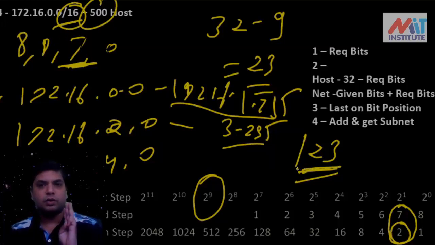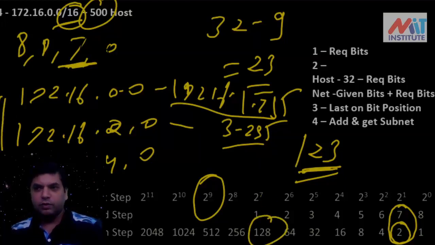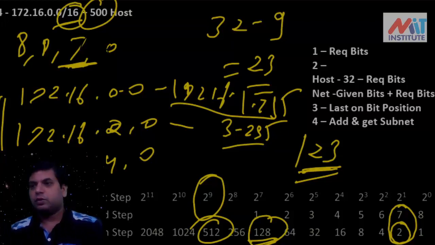We have changed 7 bits from 0 to on. So with 7 bits, if we continue to create networks, we will get 128 subnets like this, and every subnet will have 512 hosts.